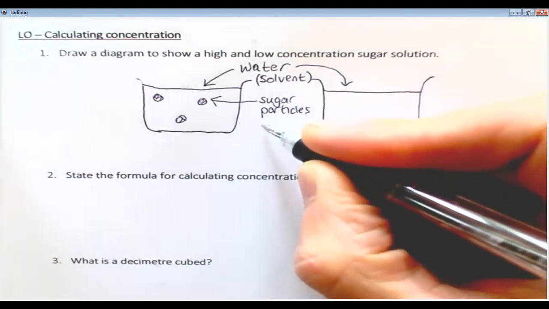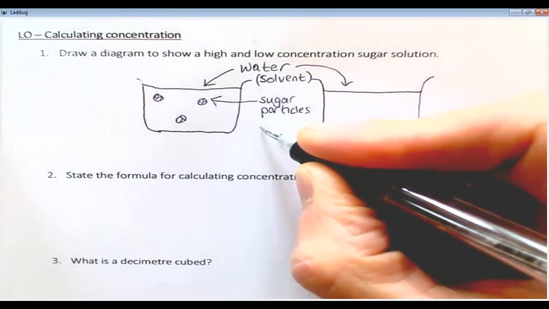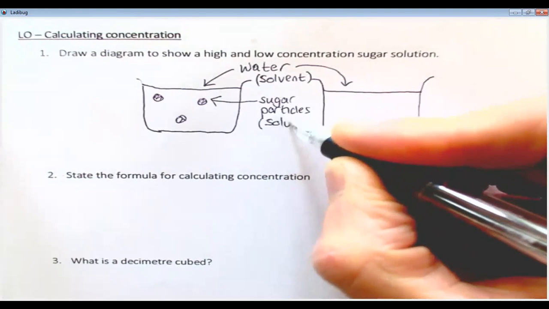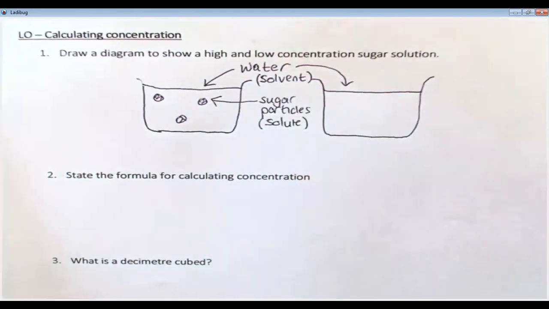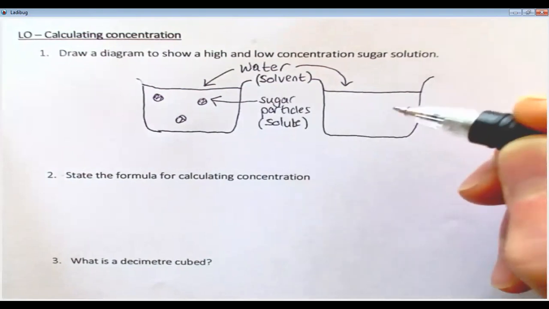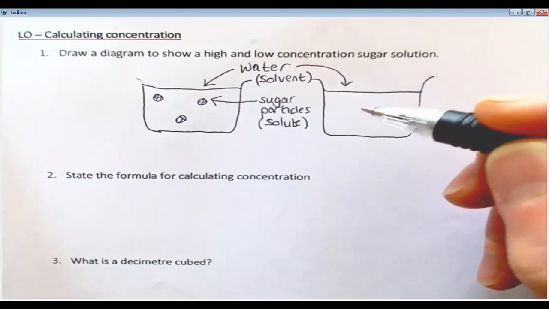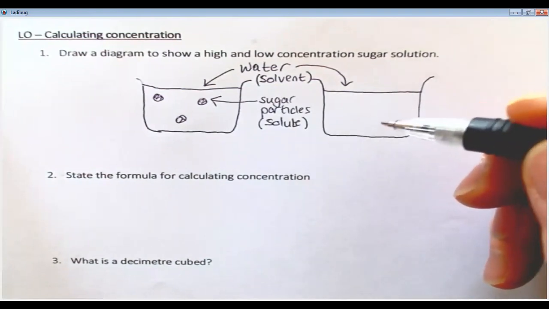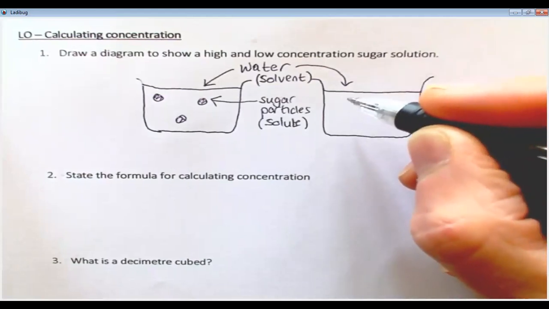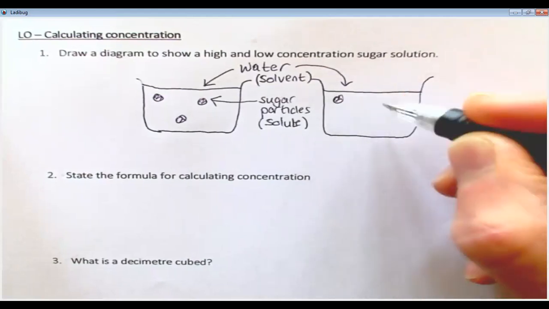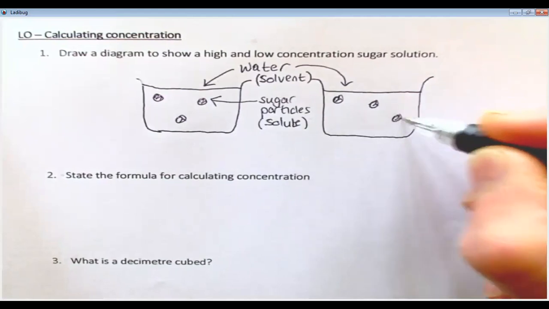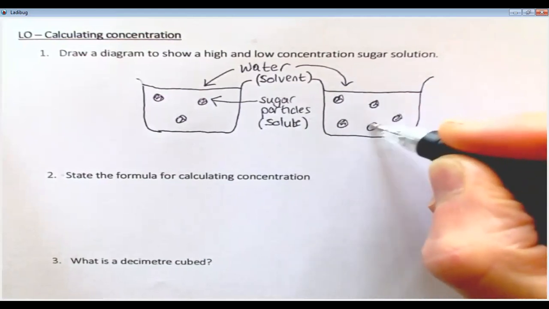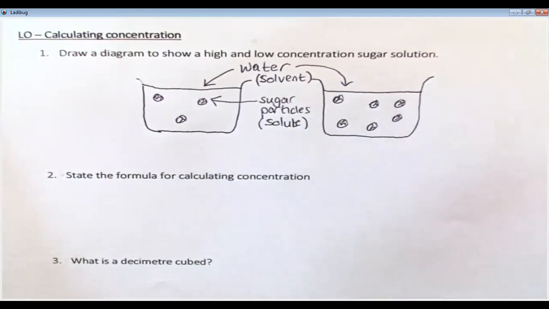And the thing we dissolve in the solvent is called the solute. So the sugar particles are the solute. So the one on the left has what looks like 3 sugar particles dissolved in the water, and in the beaker on the right I've put 6.